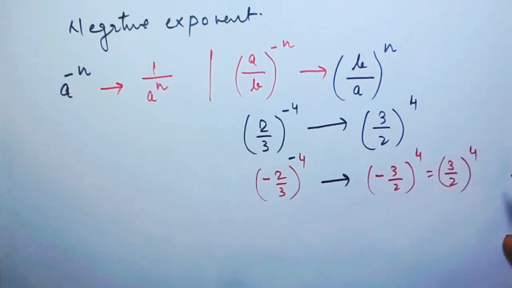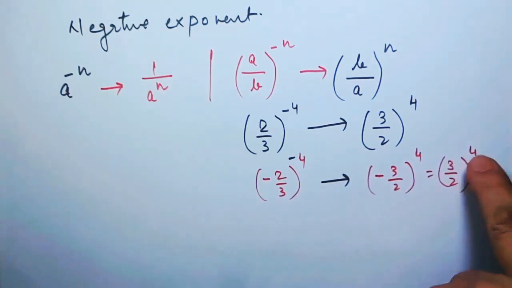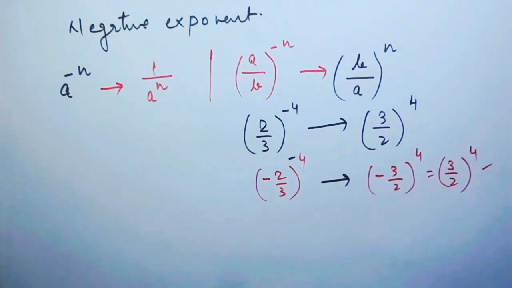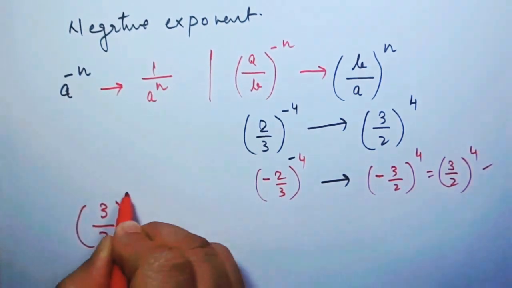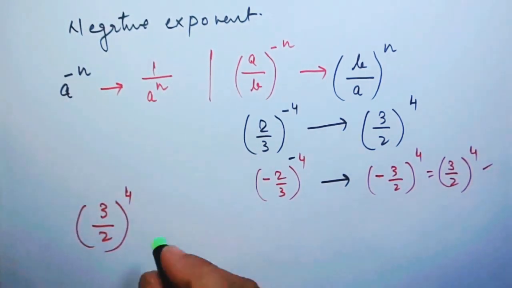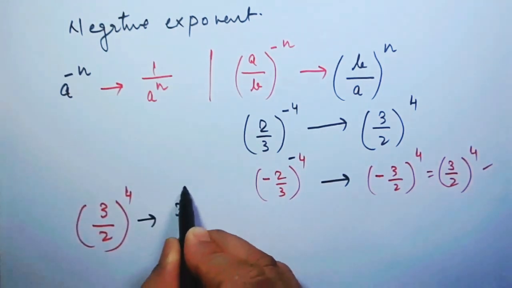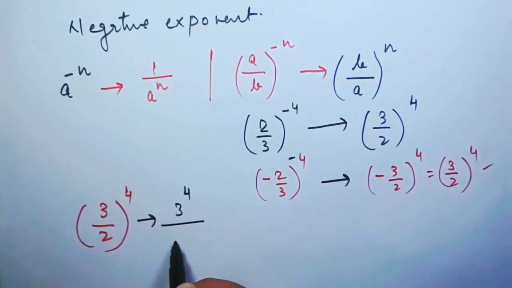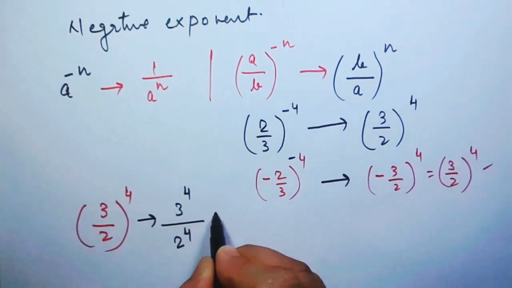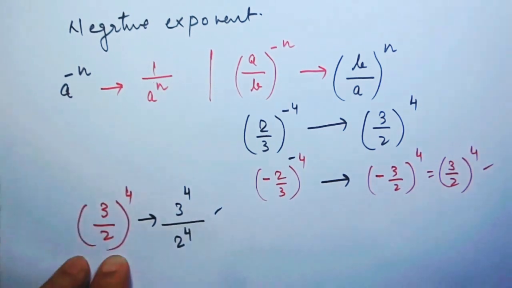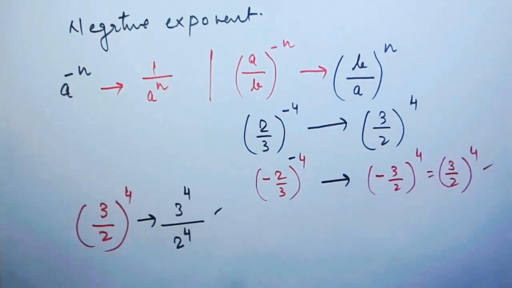This 4 belongs to 3 also and 2 also, because the whole 3 by 2 is in brackets.